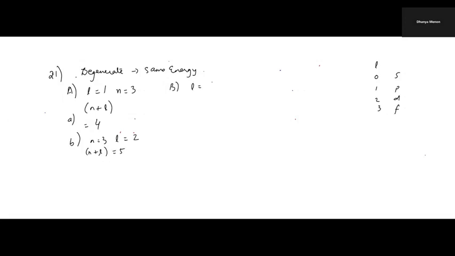So one has 4, the other has 5. B also has two of them: N is equal to 3, L is equal to 2, so N plus L is 5. Then there is another one where N is equal to 3, L is equal to 2, so 3 plus 2 gives 5.